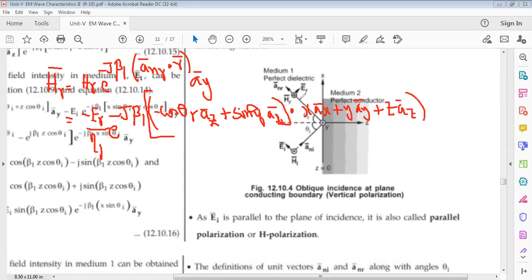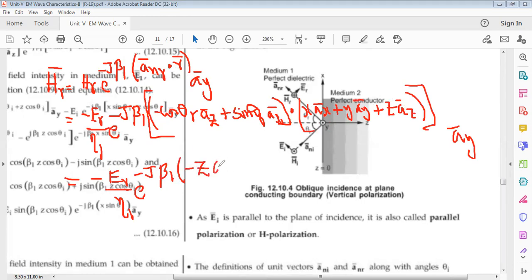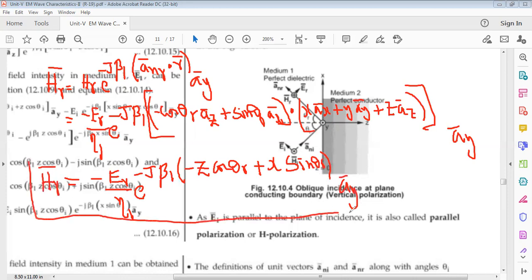All are equations only, minus E_r by eta 1 in the exponential power e power minus j beta 1, having a_z with a_z only. So minus z cos theta r plus x into sine theta r, into a_y bar is H_r bar.